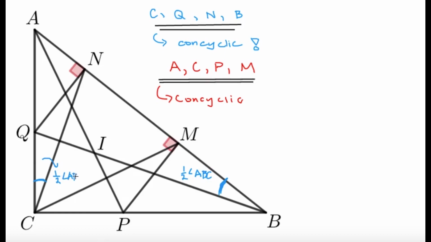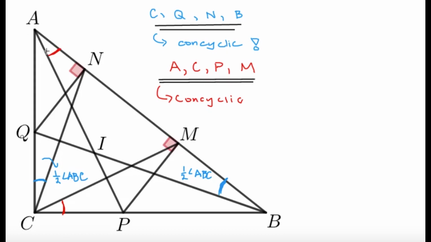Now, let's focus on the red cyclic quadrilateral, ACPM. With the same logic, I can conclude that angle MCP should be the same as angle MAP, because if I draw the circumcircle of quadrilateral ACPM, these two inscribed angles intercept the same arc.